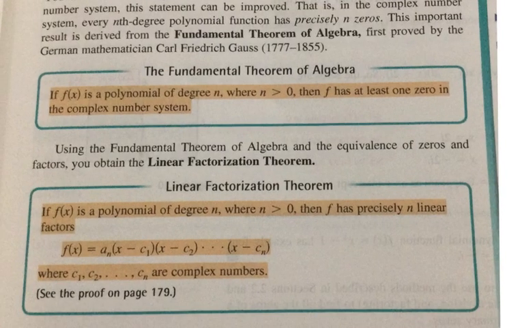But what we're going to use that's a little bit more impressive is the linear factorization theorem that says if f of x is a polynomial of degree n, then f has precisely n linear factors. So, again, the word that I like to use is roots, because in my head, x-intercepts and zeros is where it crosses the x-axis.